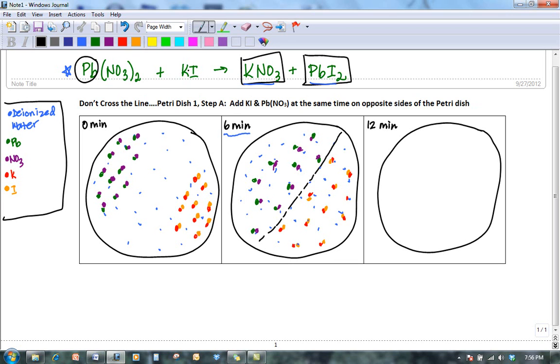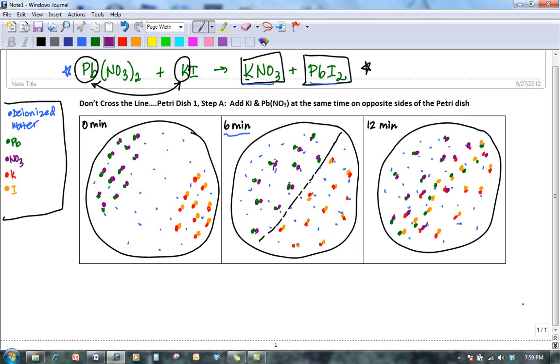So here we have lead and potassium, and they switched partners. So that now on the other side of the arrow, lead is paired up with iodide, and potassium is paired up with nitrate. And when that switch happens, that's when you got the yellow line forming in the middle of your Petri dish.